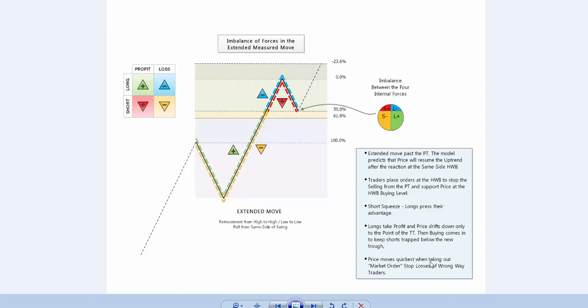Price moves quickest when taking out market orders, stop losses of the wrong way traders. Again, the market moves quickly in a pullback because of the buyers at highs. It moves quickly away from its support levels because of the sellers inside of those lows. The market moves really on the pain, yes, on the wrong way traders.